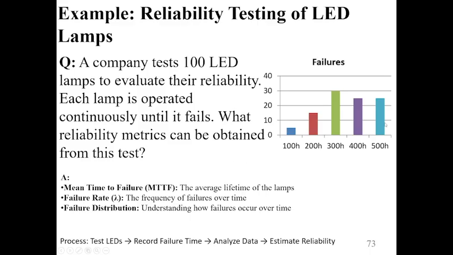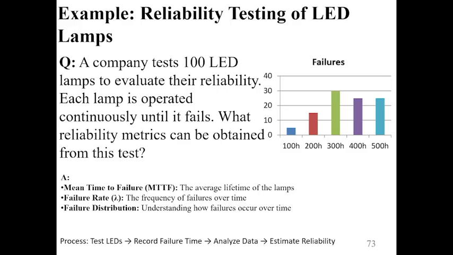The chart shows the number of LED lamp failures at different time intervals: 100, 200, 300, 400, and 500 hours. As we can see, the number of failures increases over time, which is expected because more units reach the end of their lifetime as testing continues.